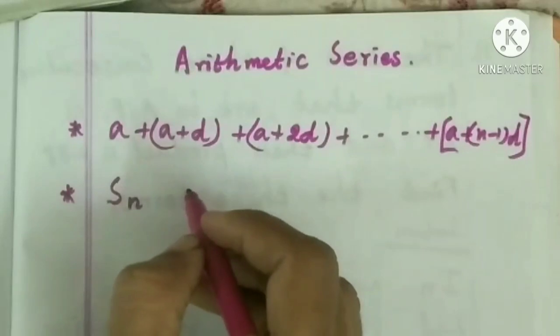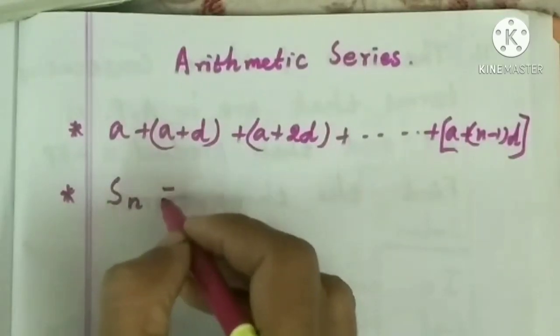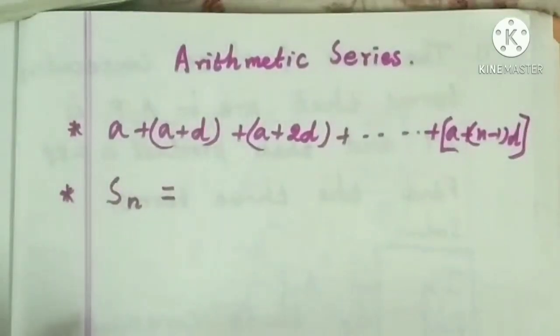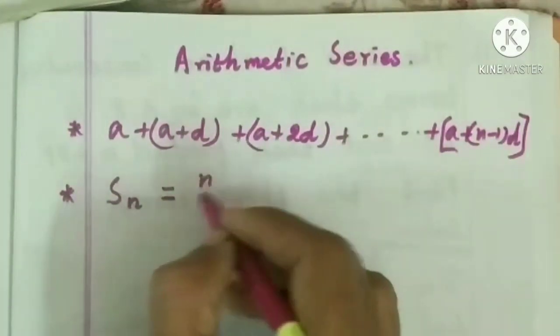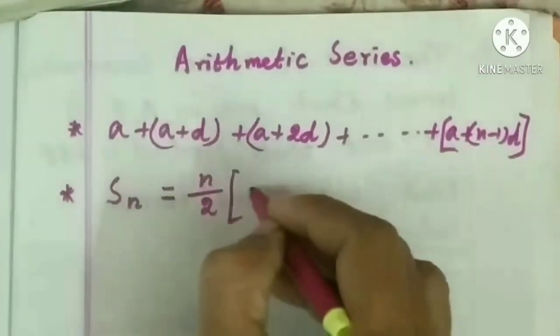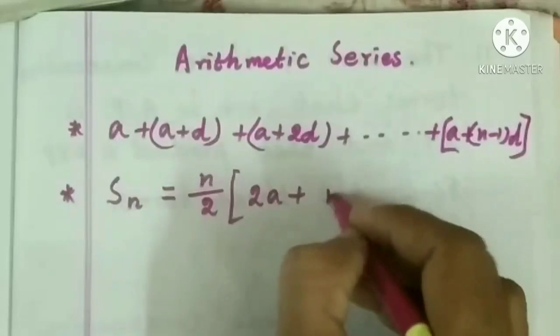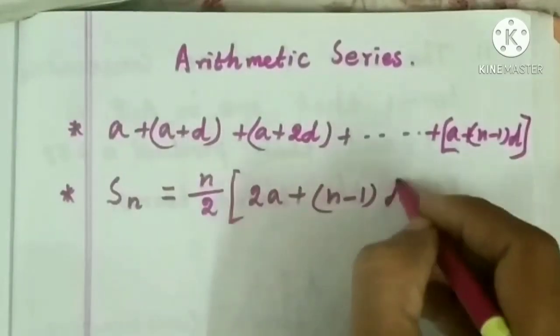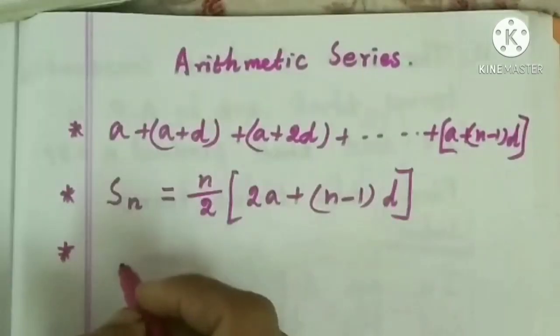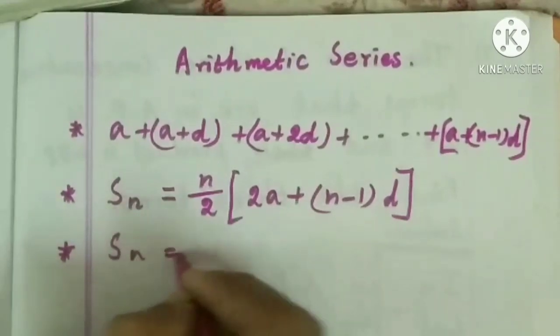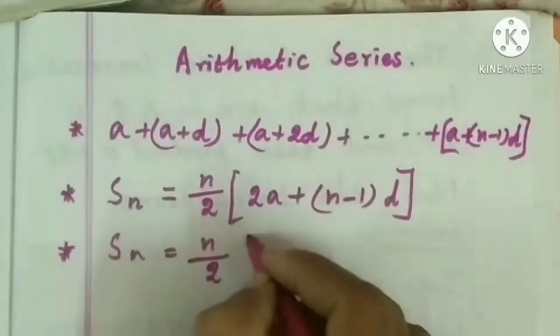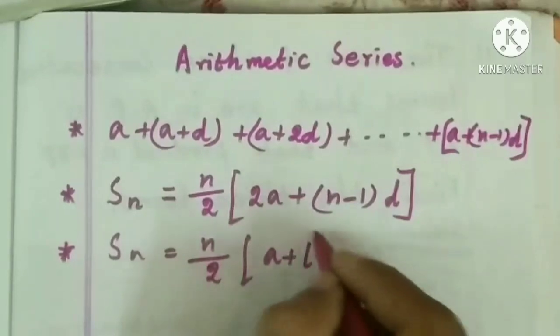Sum to n terms of an AP, that is Sn is equal to n by 2 into 2a plus n minus 1 into d. Then another formula, Sn is equal to n by 2 into a plus l.